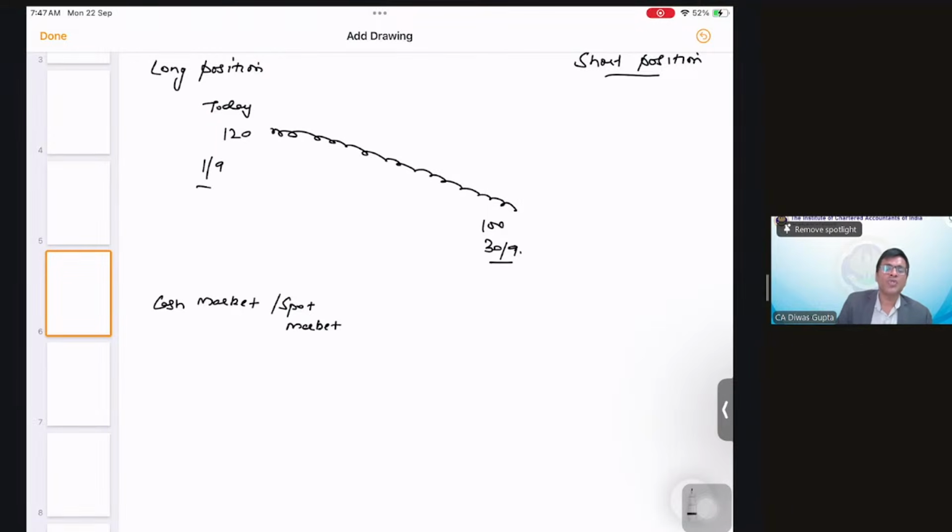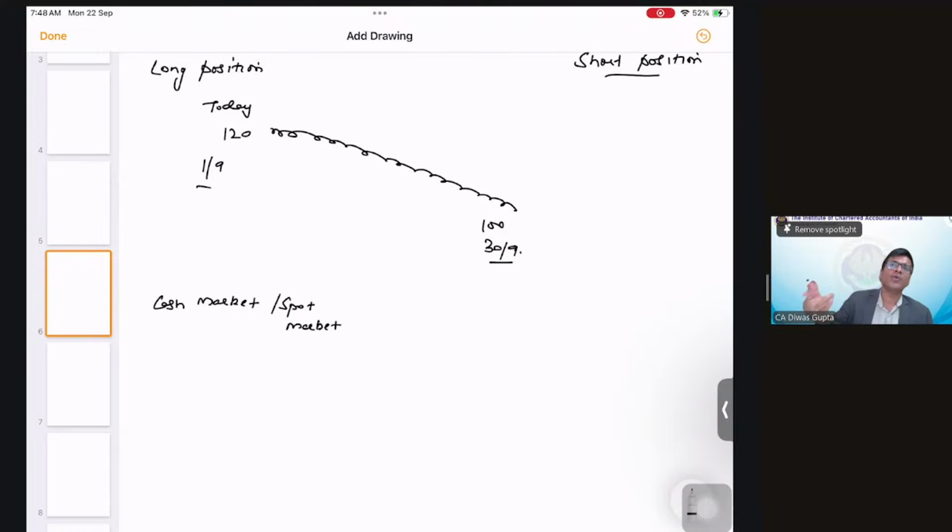And I think Chitra is also saying sell it now for 120 and buy it at 100 later on. I agree to it. But my question comes, the moment you sell it in the stock market, you need to hold those shares before you sell it, right?